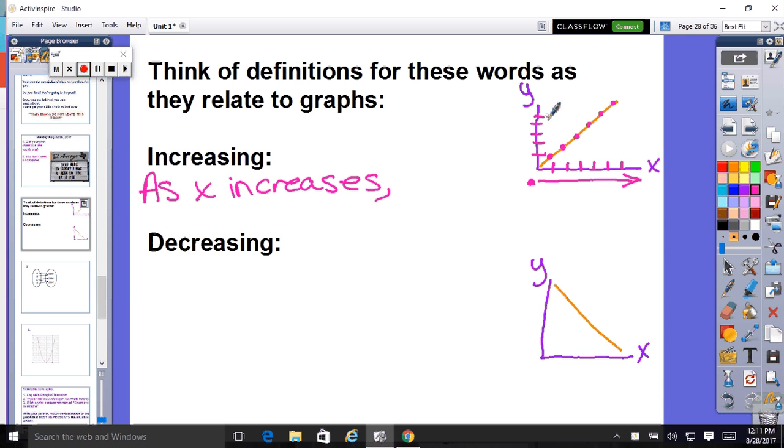So this dot right here, 1, 1. The next dot I go to on the line is 2, 2. So what are the y values doing each time? Increasing or decreasing? Increasing, right? The y values are also going up. So as the x values increase, the y values increase.